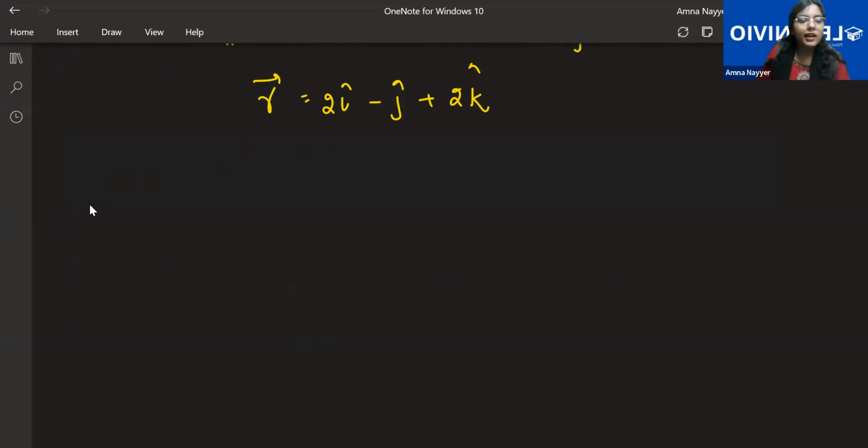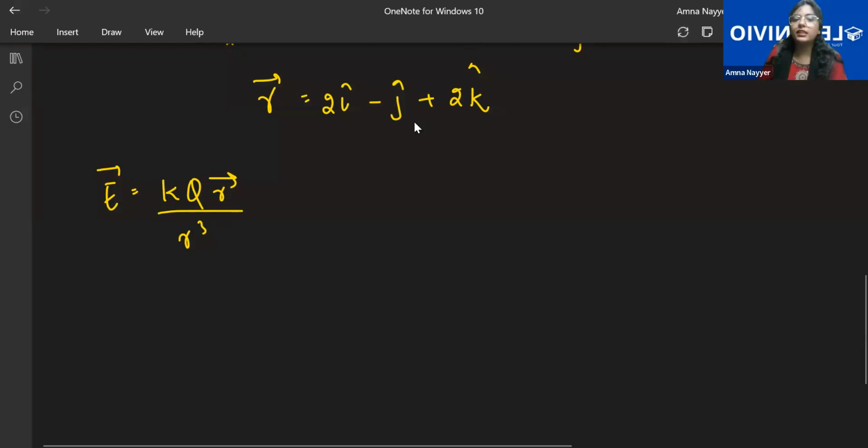So see here, when you have to calculate the electric field, you can use the vector form also. Because when you're using the vector form in electric field, you will write K into Q into R vector divided by magnitude of R whole cubed. So for that we require the magnitude of this in vector form.